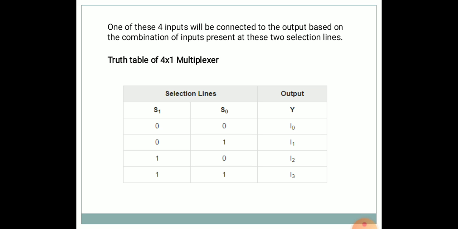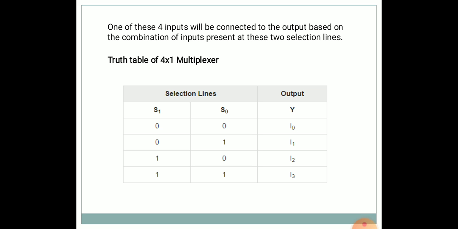From the truth table, it is clear that when the values of S1 and S0 are both 0, the output Y will be I0. The input line I0 will be routed to Y.